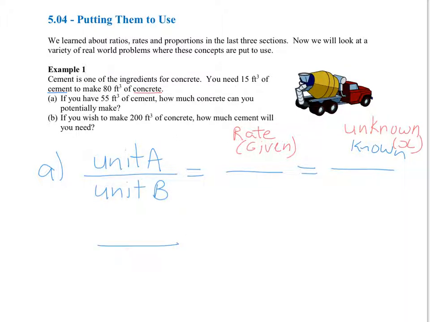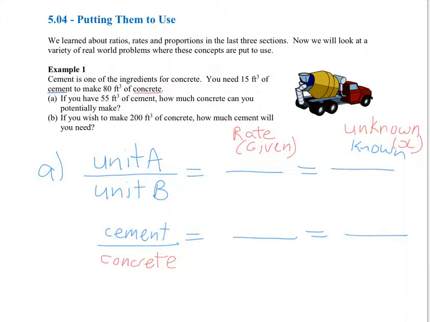So we're going to go line here, line here, line here. Our first unit was cement, so we're going to put cement up top. Then we're going to put our second unit, which was concrete, on the bottom. Now we've got cement to concrete.